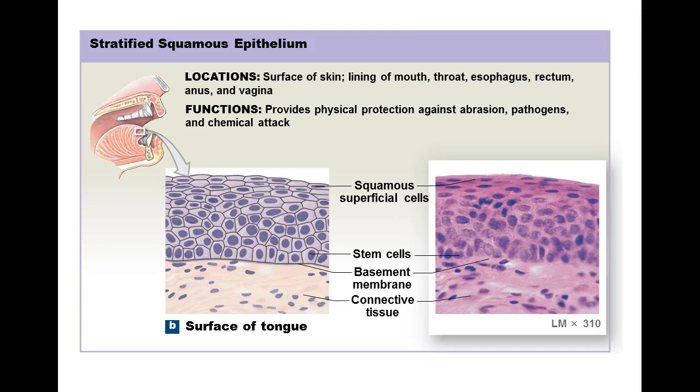And what this does is provide a physical protection, a barrier. The thing that all of those have in common is they do have an opening to the outside world. So you have tissue there that is protecting the underlying areas, particularly where you can have vascularization.